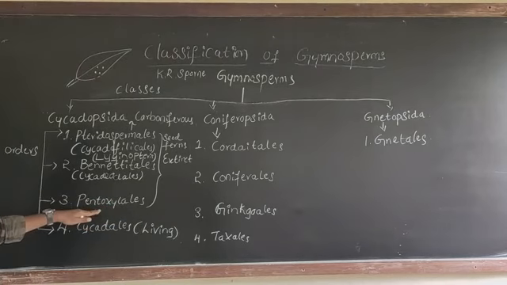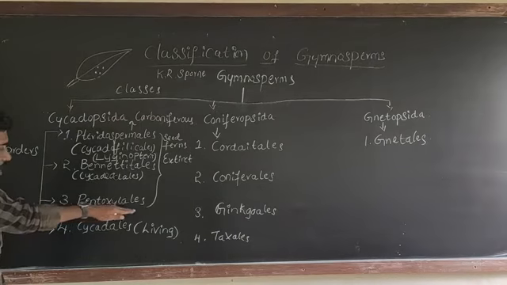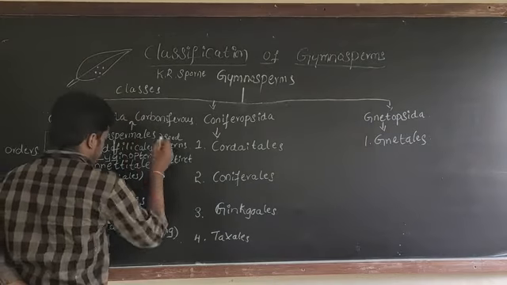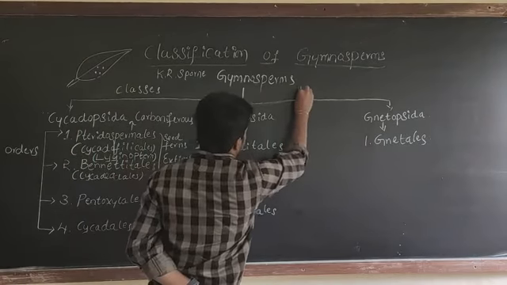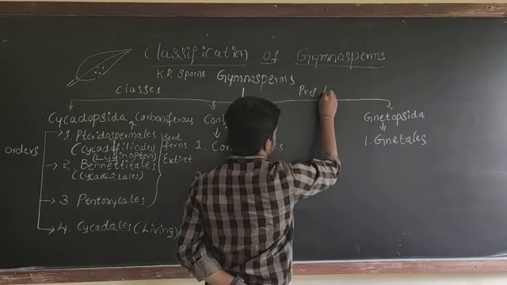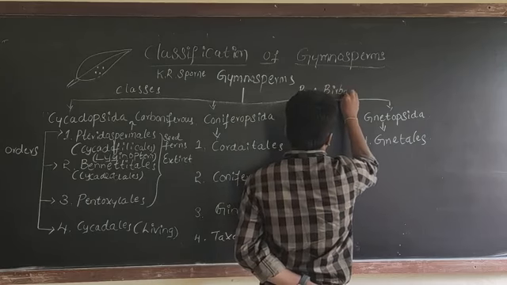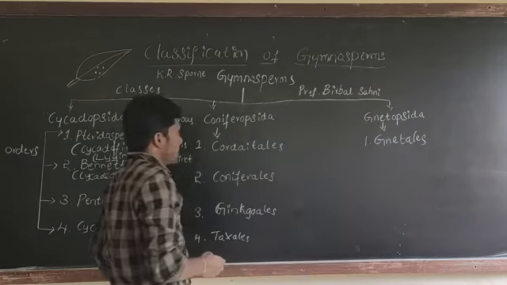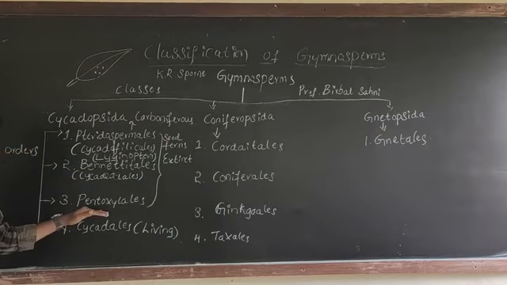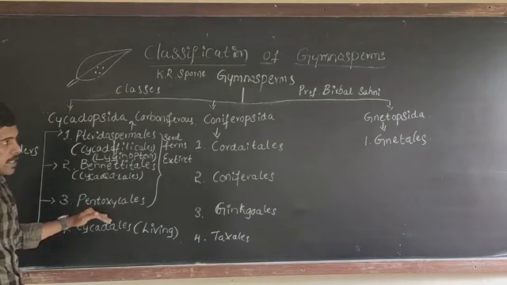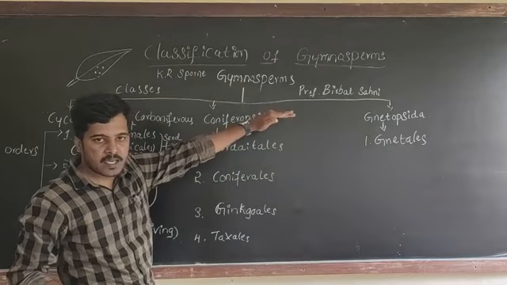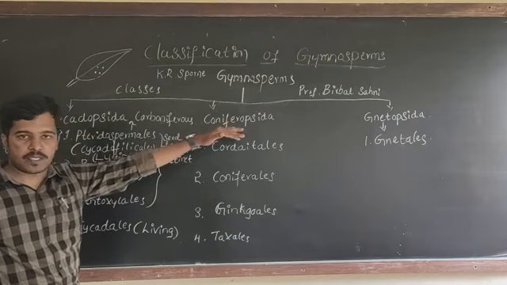The Gymnosperms which come under Pentoxylales were first discovered, or this order was first given, by an Indian scientist, Professor Birbal Sahni, and he is regarded as the father of Indian paleobotany.